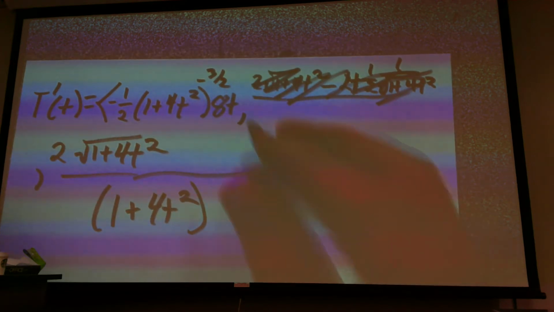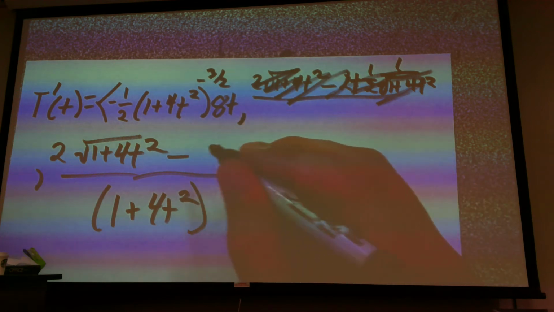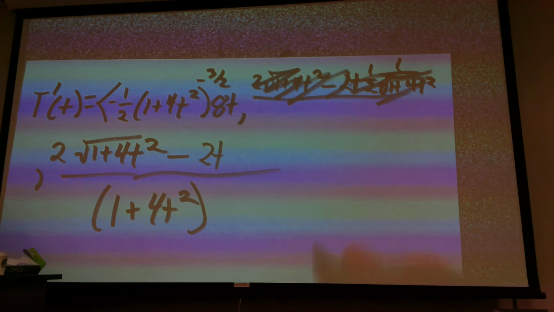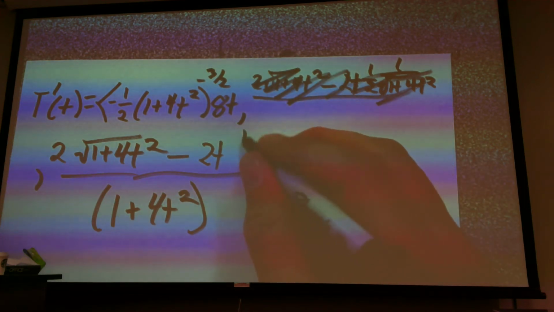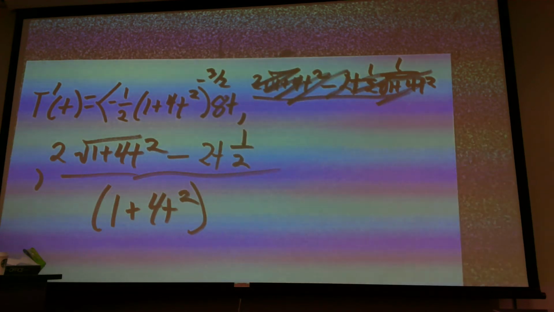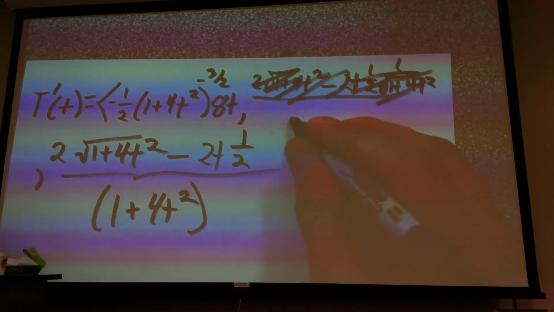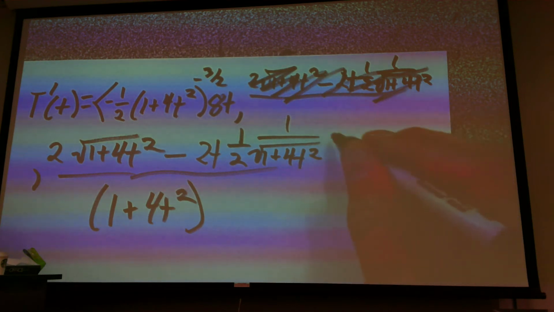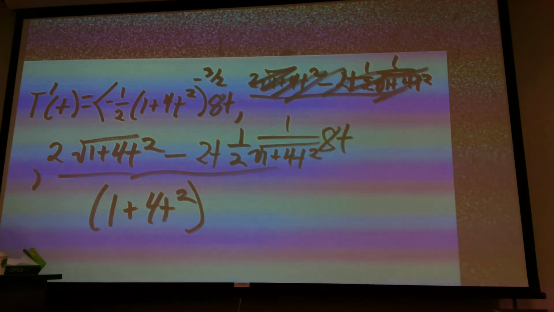Now minus, and then that's f prime g minus f, which is 2t, times g prime, which would be 1 divided by 2, and then 1 divided by the square root of 1 plus 4t squared, and then multiplied by 8t, and 0.